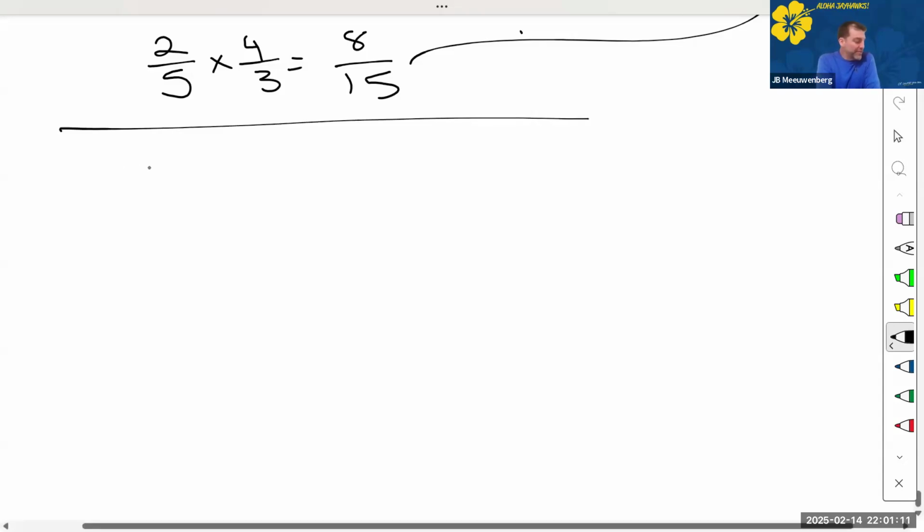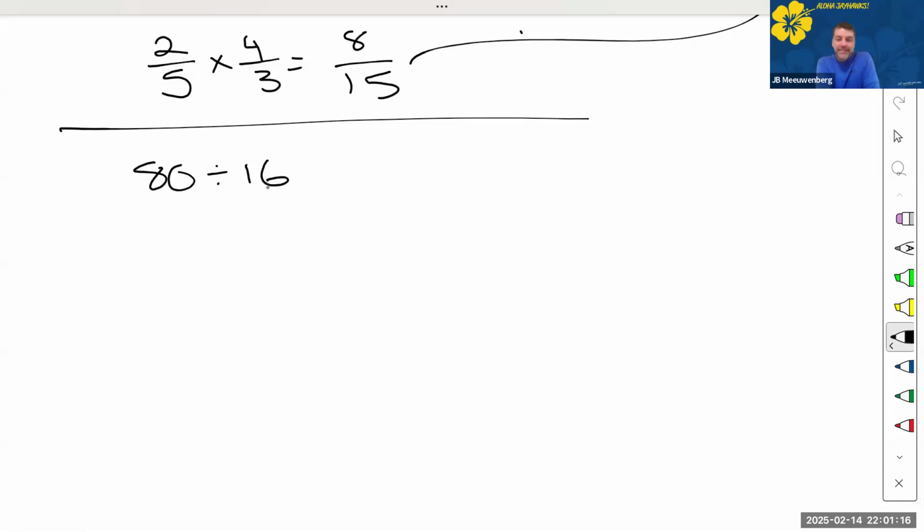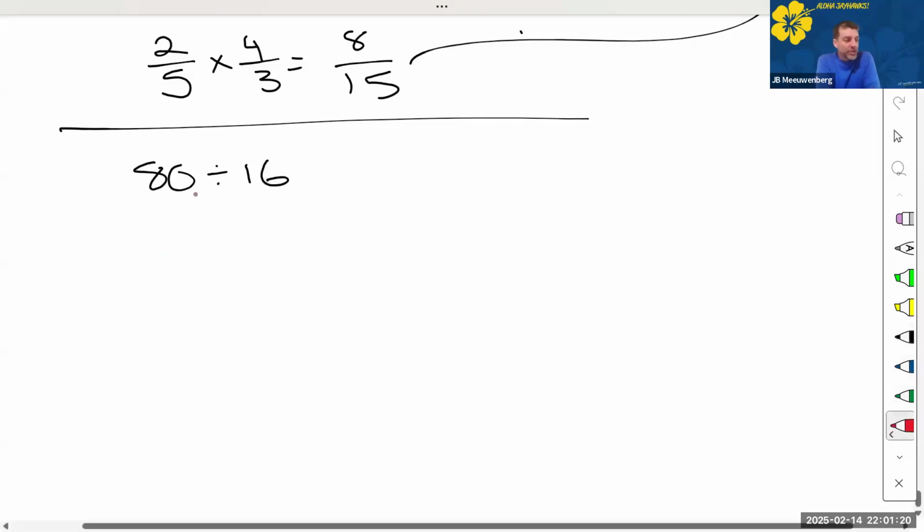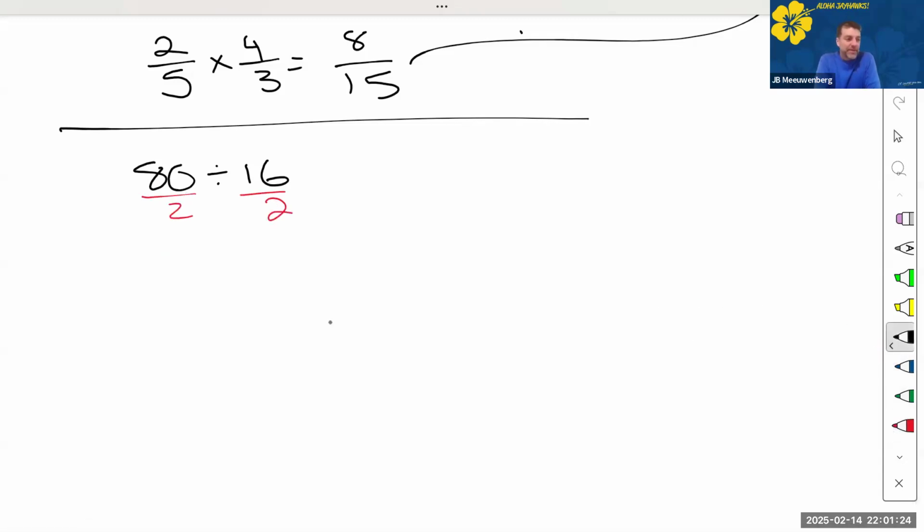And if you recall, if you were going to divide something like 80 divided by 16, one of the ways you could do that in your head was to divide them both by the same thing, change it to smaller numbers, and then that one might be a little bit easier. And maybe you know that 40 divided by 8 is 5, which means 80 divided by 16 is also 5.